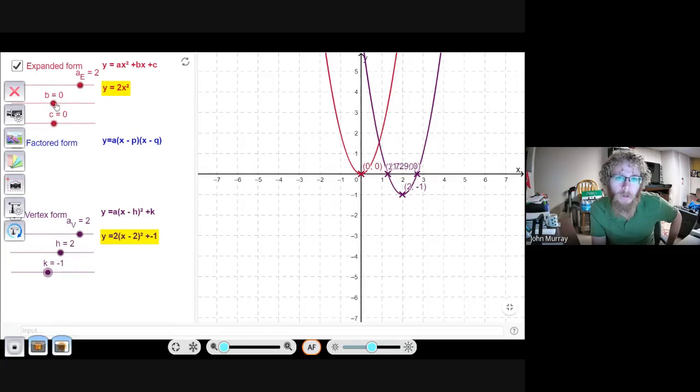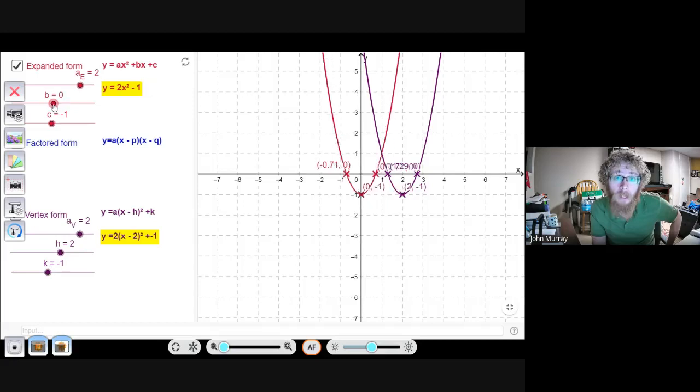What I want you to do is try to mess around with the expanded form and see if you can get them to match up to the same equation. So in the vertex form, you're setting a is 2, h is 2, and k is negative 1.